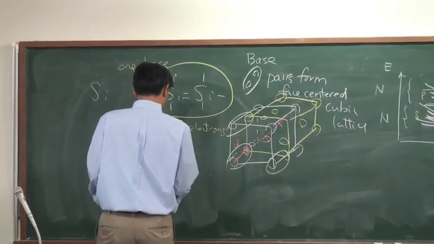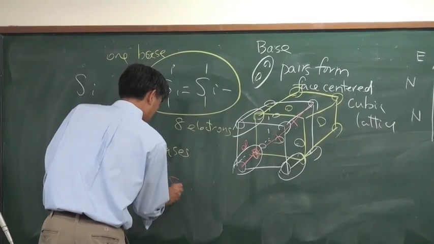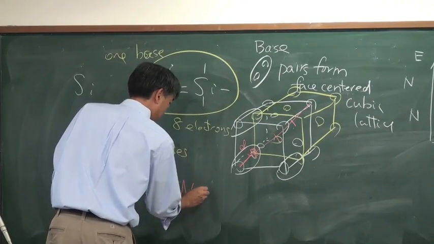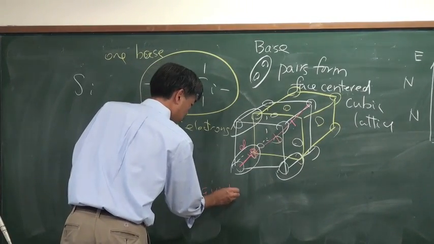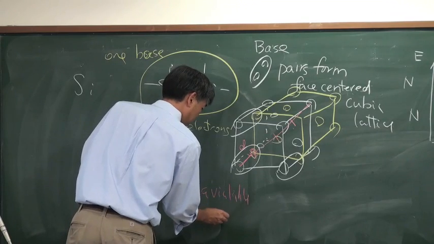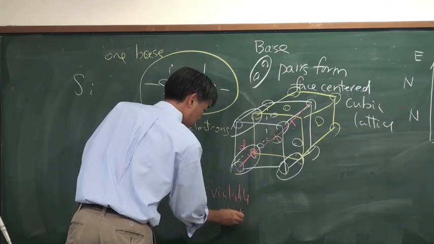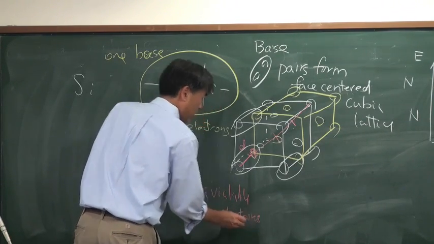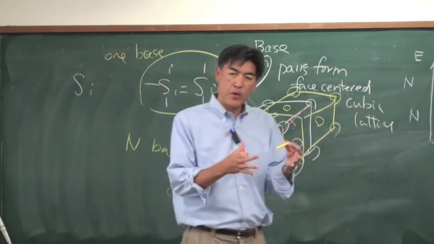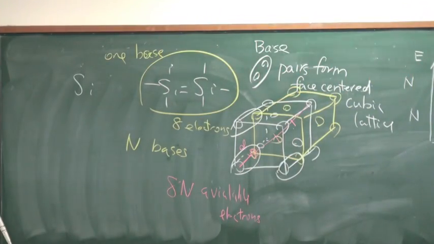So there are 8N available electrons. Of course, ignoring the inner shells. But in the outer shell, the electrons that we can use to form bands, there are a total of 8N electrons.